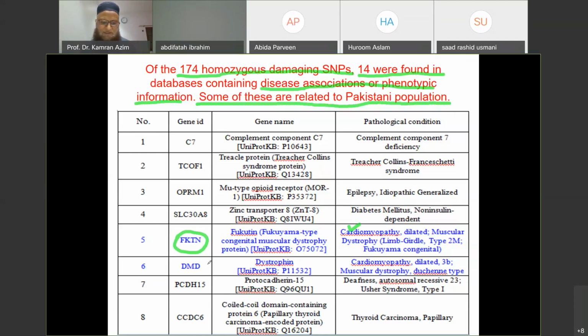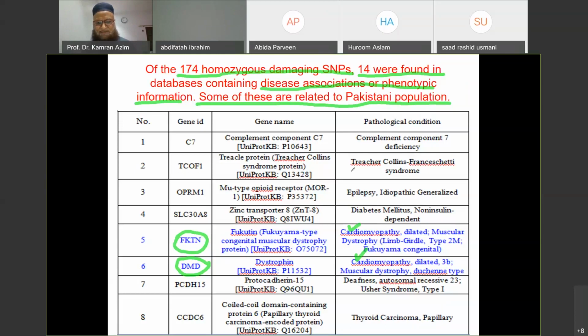And there is another gene called dystrophin, a very famous gene, also involved in cardiomyopathy. So the mutation in this gene in this particular individual is also previously known to be involved in cardiomyopathy or cardiovascular disease.